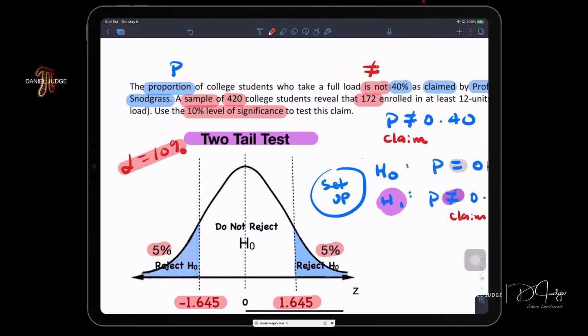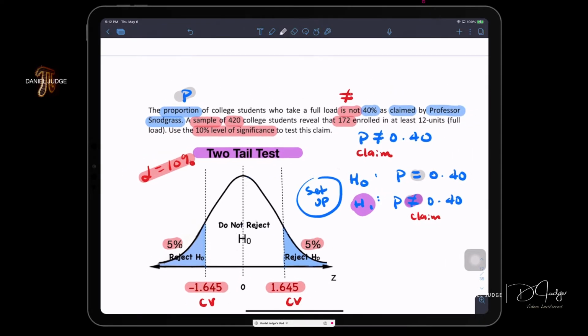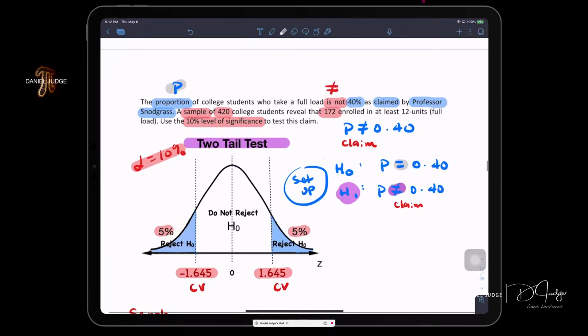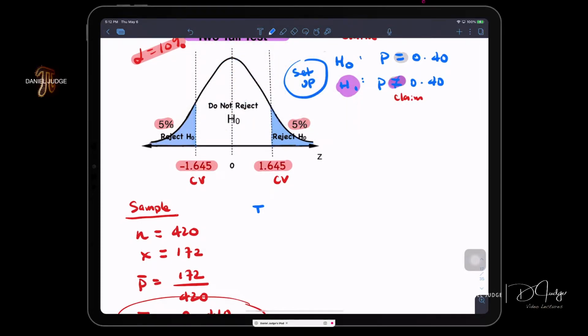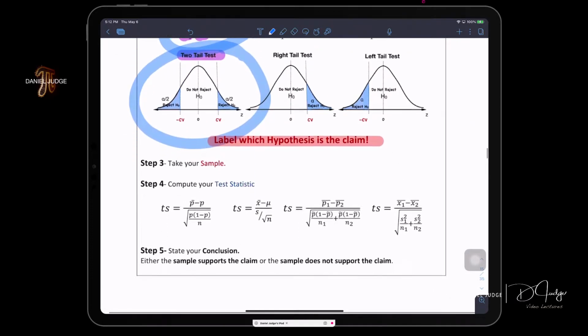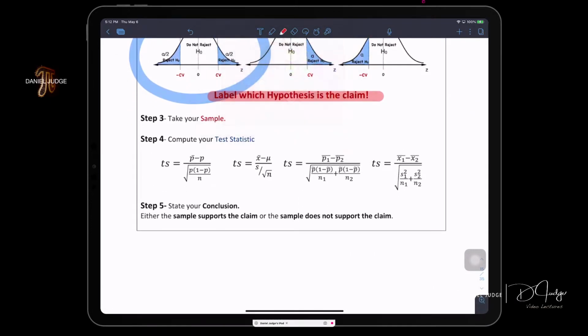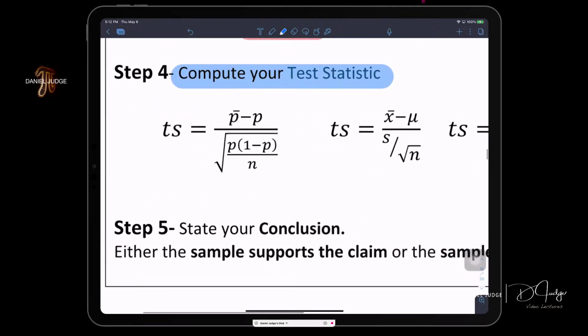Now, all of these questions in the beginning are about a hypothesis test about a proportion, and it's a large sample. So at this point we have to use a test statistic. We're going to compute a test statistic based on the sample. Was that in the notes? Yes. Take the sample, compute your test statistic. The one we're focusing on is right here.